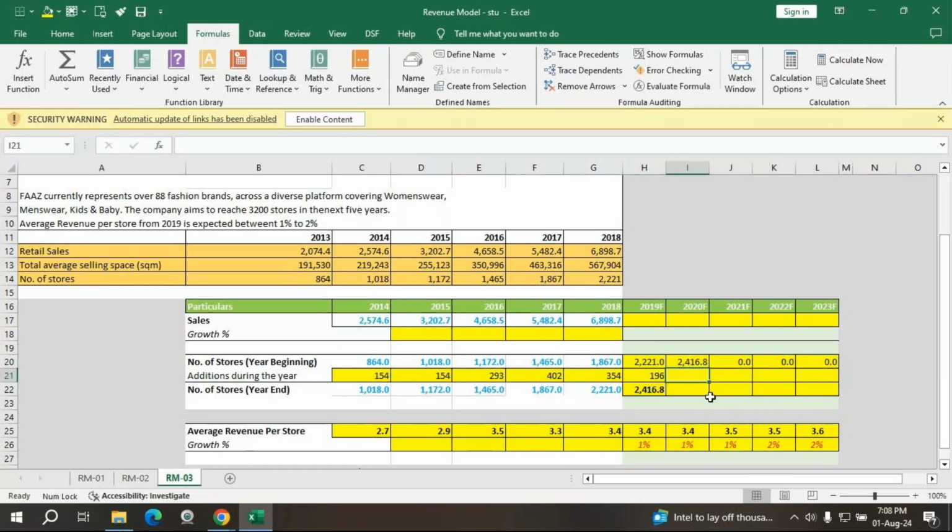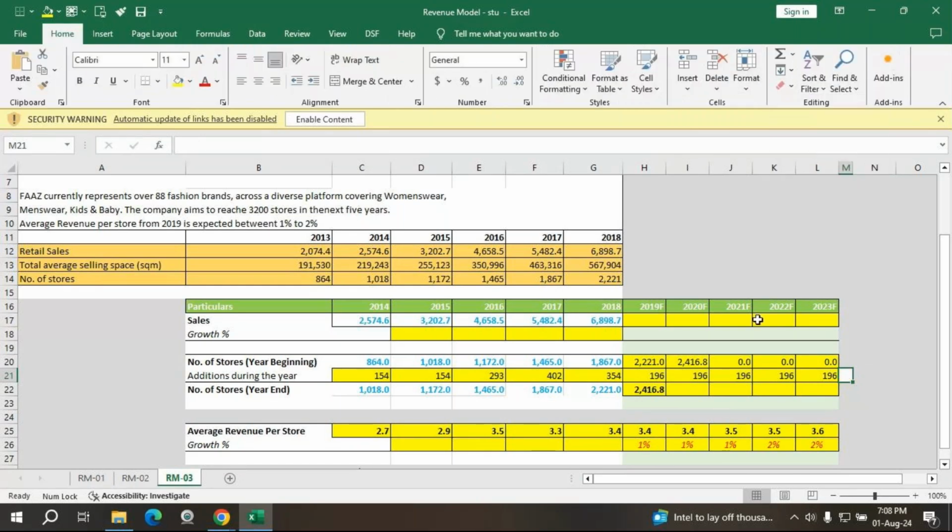Okay, every year let's keep this amount as the number of stores that has increased. Here I'll come and drag it. So by the end of the 5th year, they expected that we should have 3200 stores, and by the end of the 5th year we had 3200 stores.